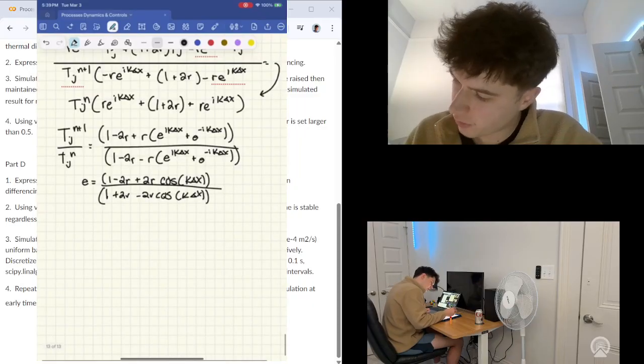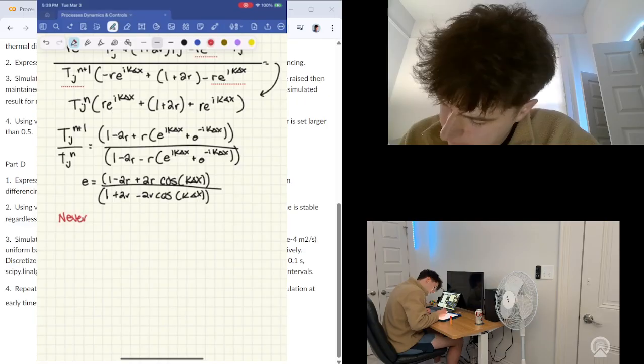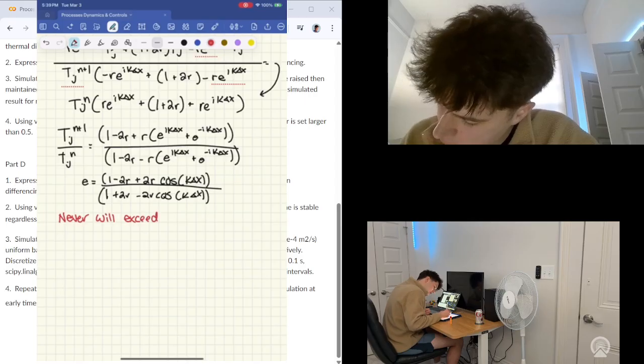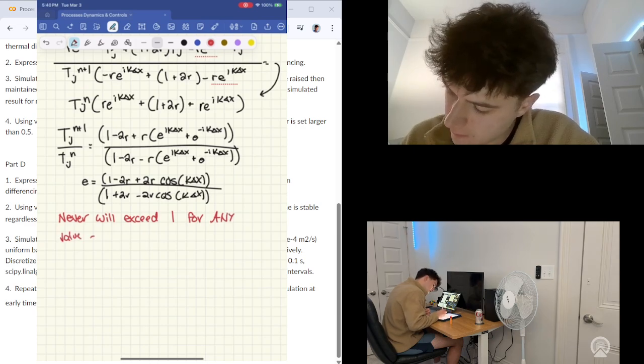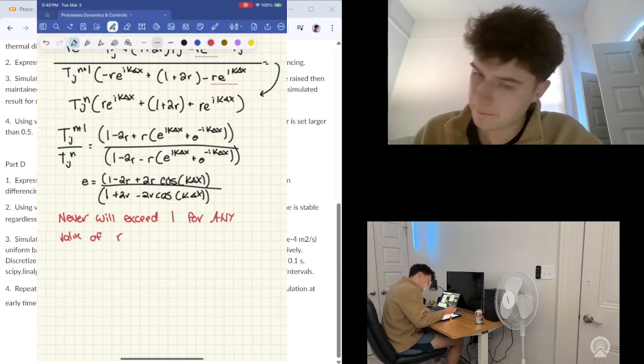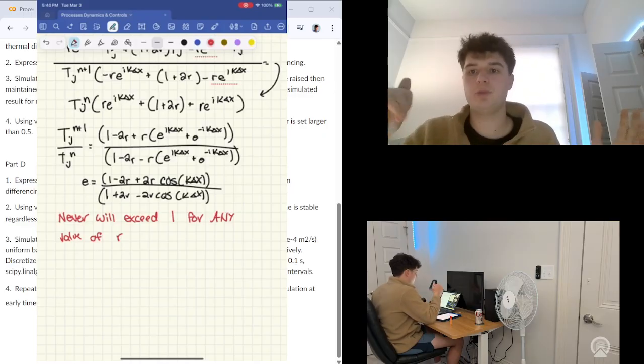From this, you are able to conclude that it will never exceed 1 for any value of R. So now we are able to take this and move into Colab.